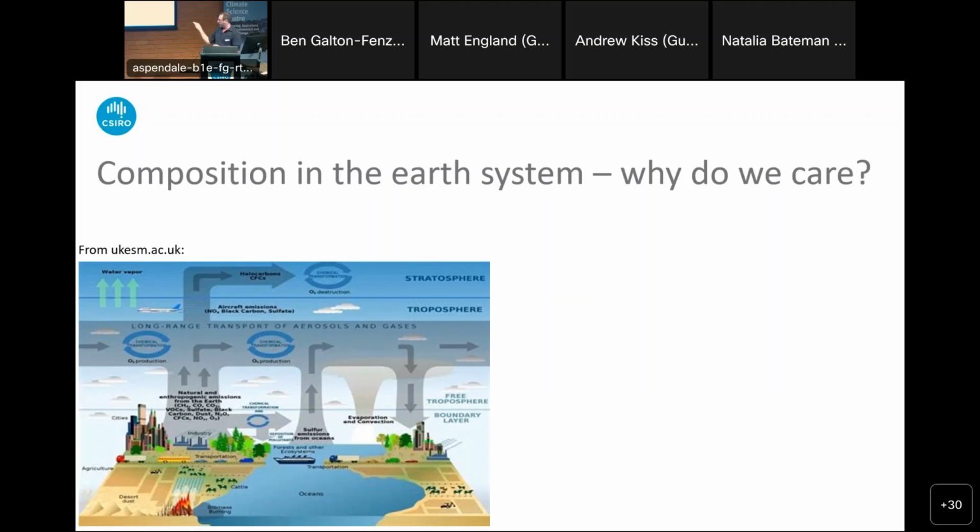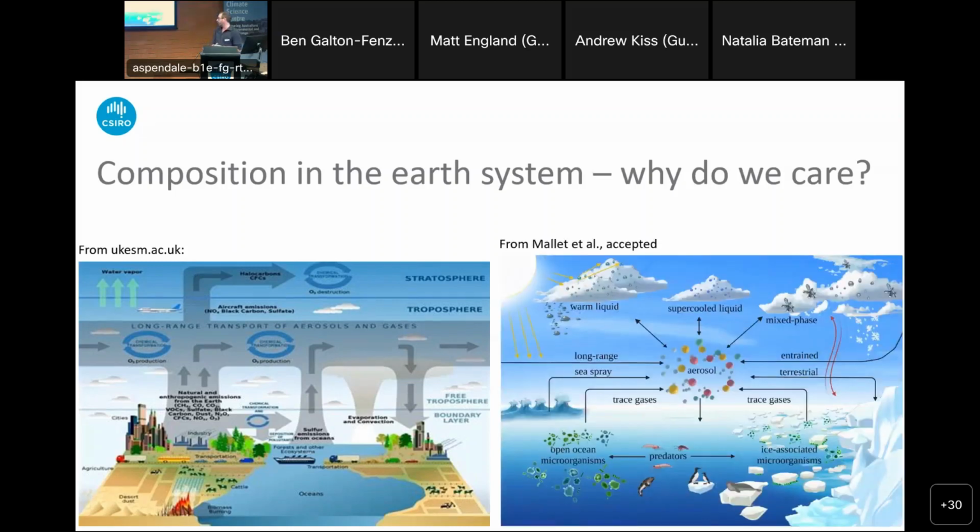Because this is a UK focused plot, it completely omits any ice and any more than a tiny reference to the oceans. So this is from a paper just accepted in Elementa Science of the Anthropocene, to again show some of the more or less obvious pathways where aerosol and chemistry is important.